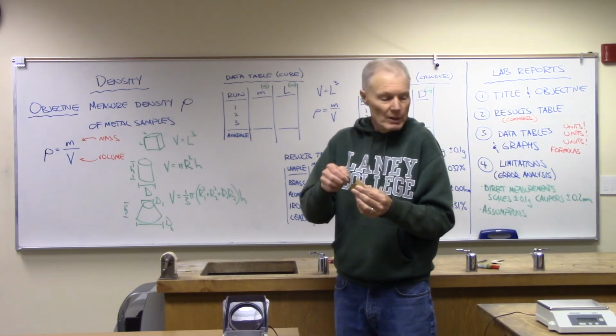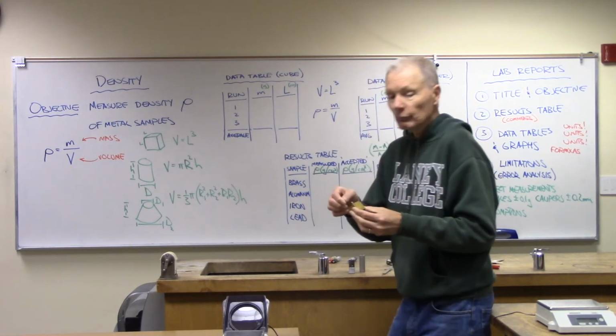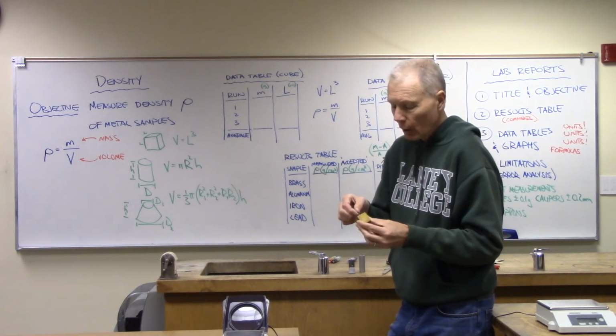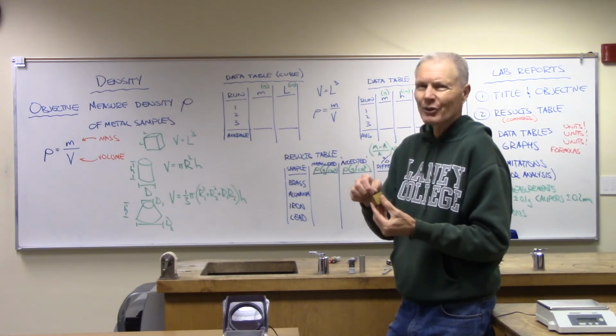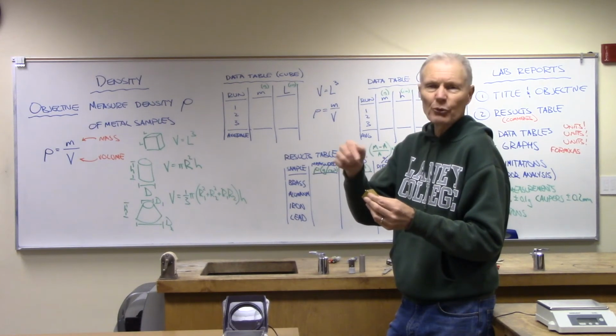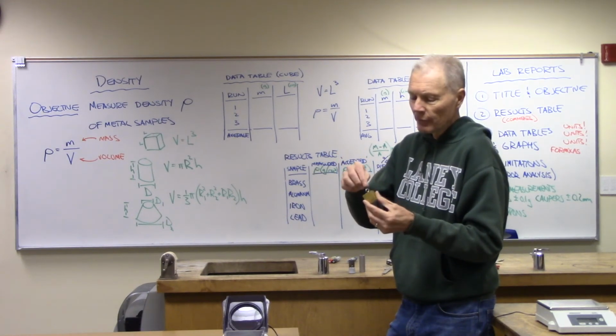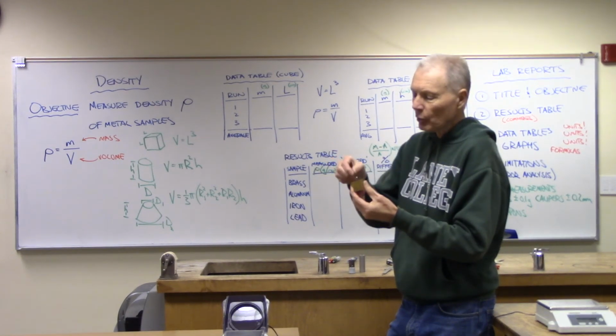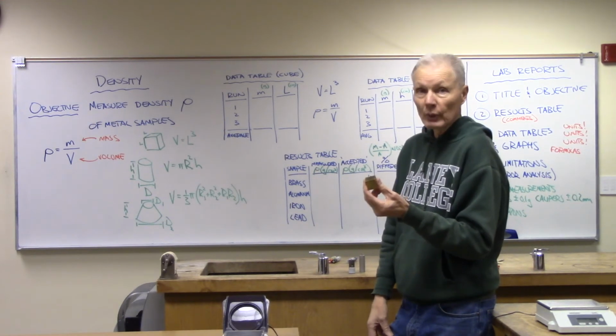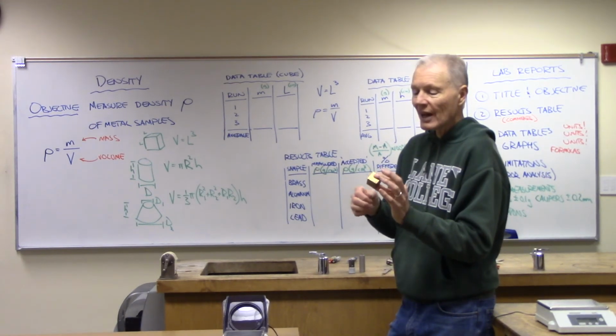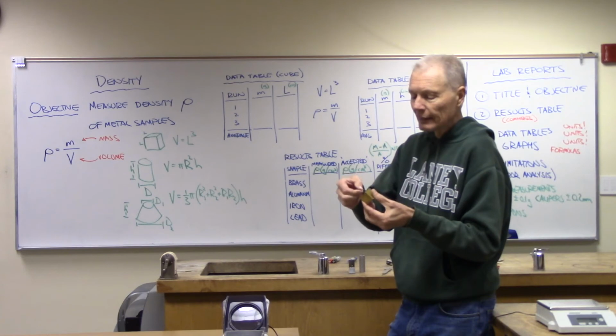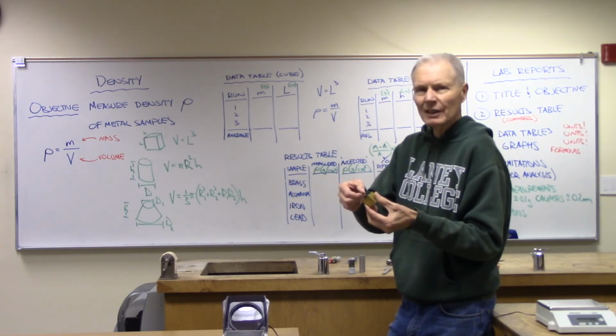Maybe I'll do that. When I've got a class full of students here working on this, I usually encourage them not to take these out because the threads are very delicate and they could get damaged. But maybe I will try pulling out the hooks today and redo the measurements with the hooks out. In the past, I've done that, and the hooks are less than a gram, I think.